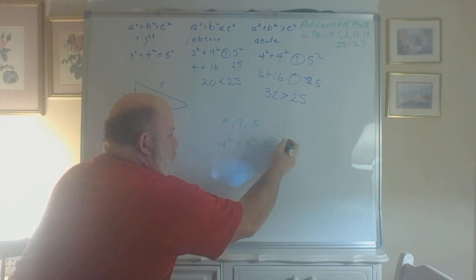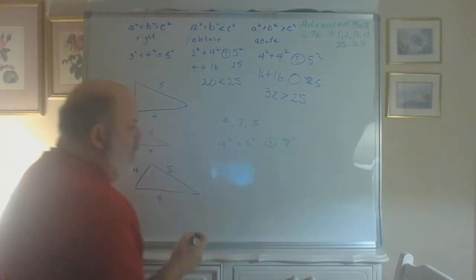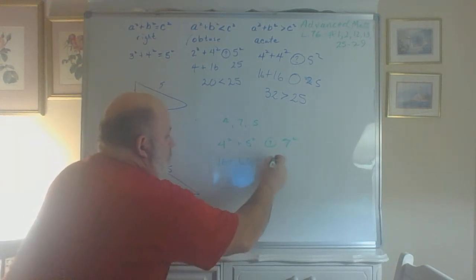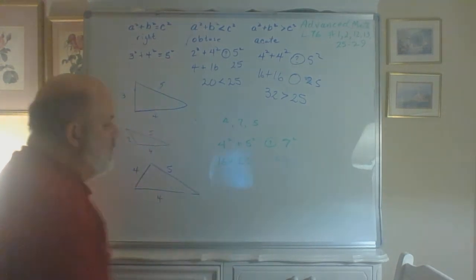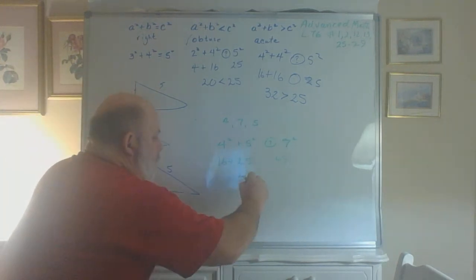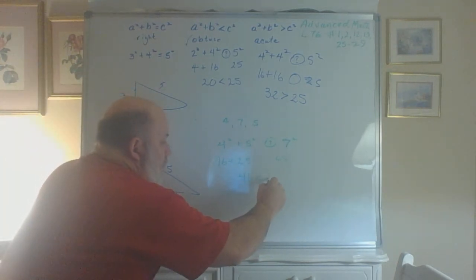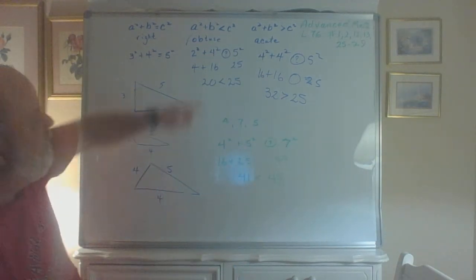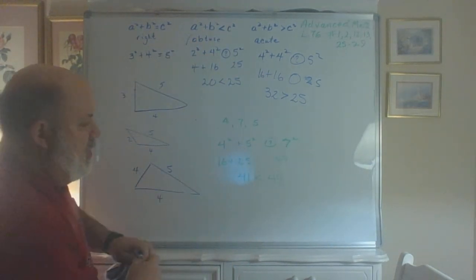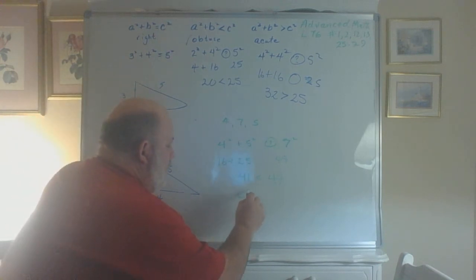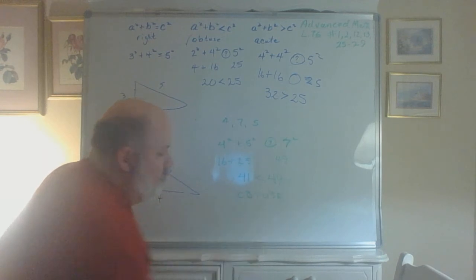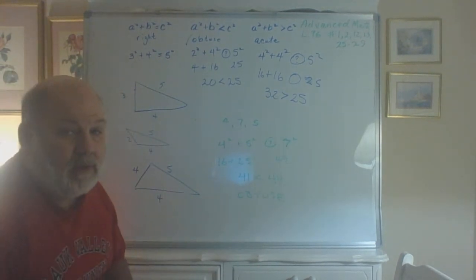Is it greater than or less than 7 squared? Well, 16 plus 25 is 41, and 7 squared is 49. 41 is less than 49. If it's less than, this tells you we have an obtuse triangle.